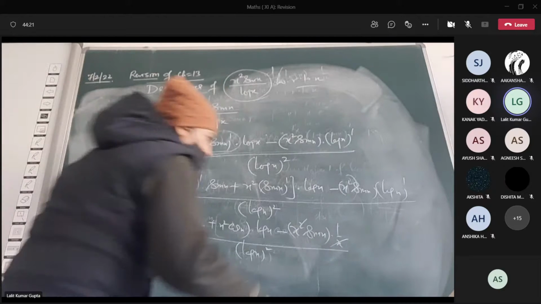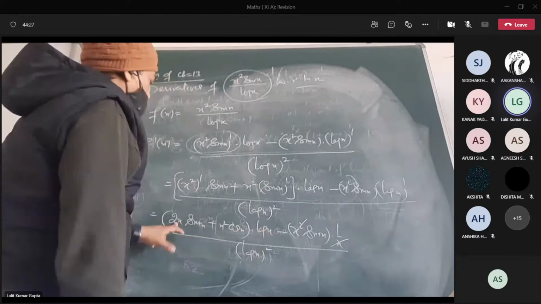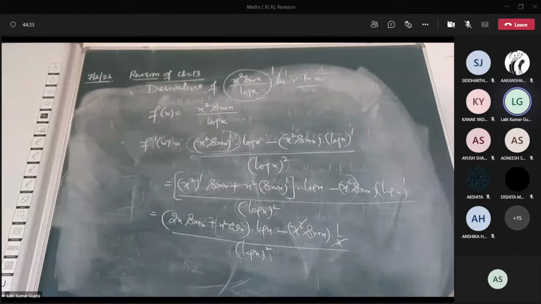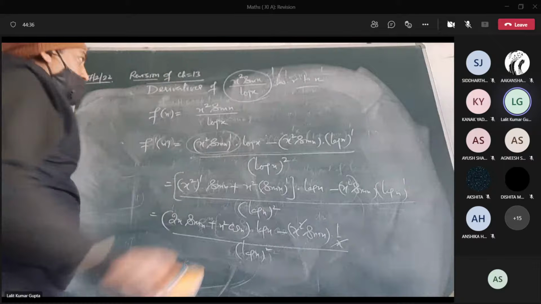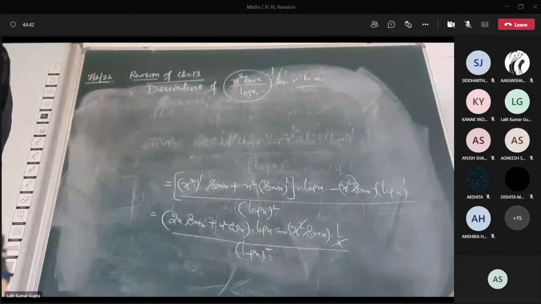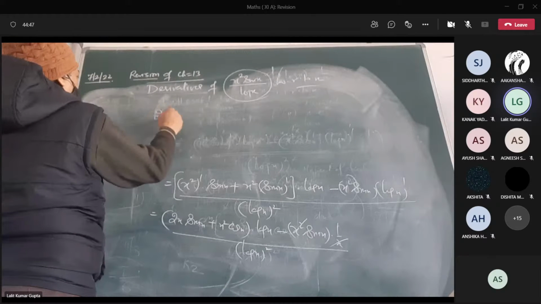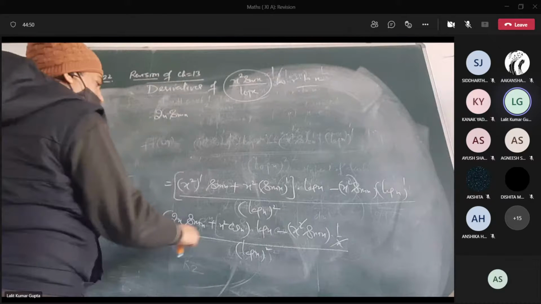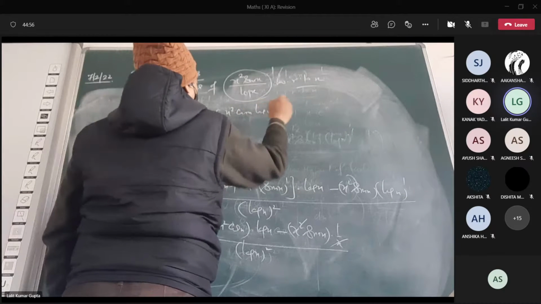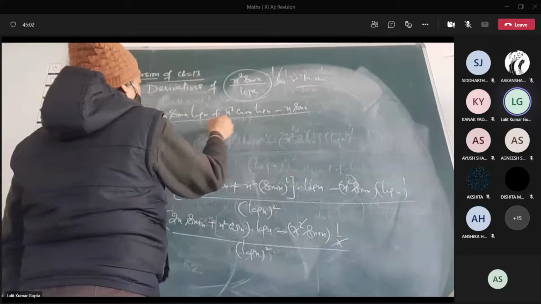Rest you have to multiply and write the answer. 2x sin x log x, open this bracket. After this step, write your answer in the last simplified form: 2x sin x into log x plus x square cos x into log x minus x sin x, whole upon log x whole square.